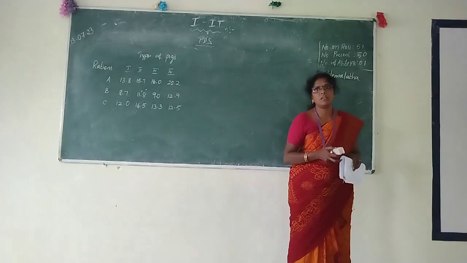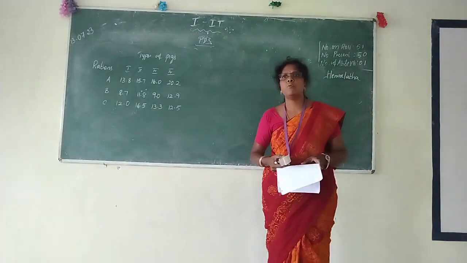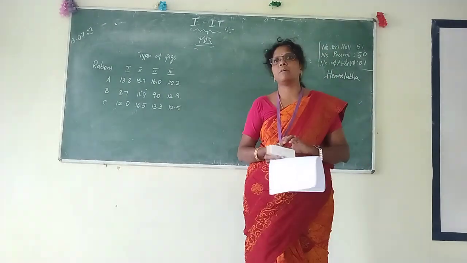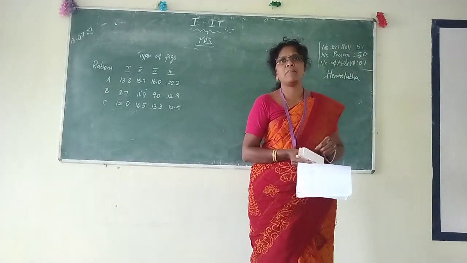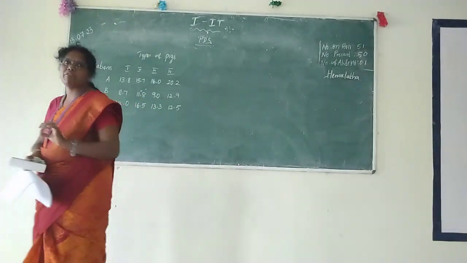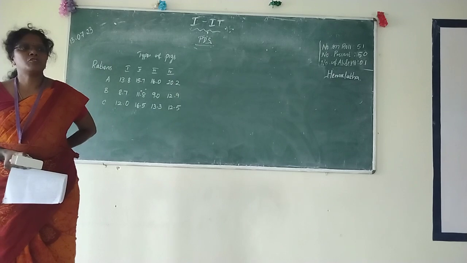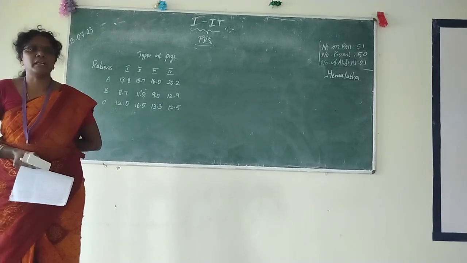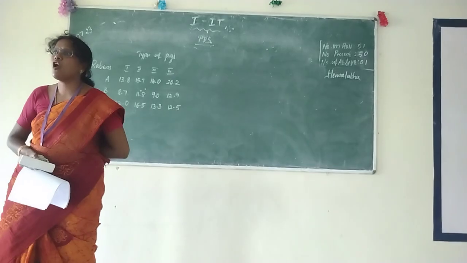Okay, so start the solution. H naught. How do you want to write it, general statement or stick to the problem? General. So write H naught: there is no significant difference between column means.